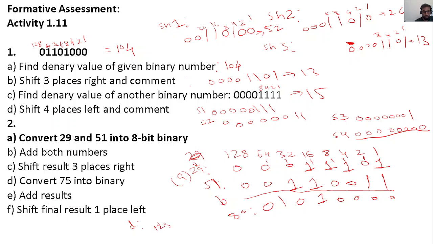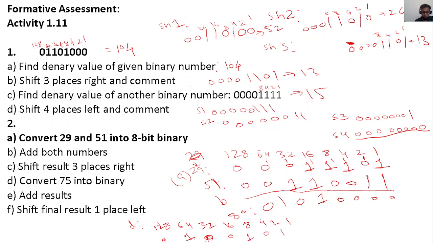75 into binary: 128, 64, 32, 16, 8, 4, 2, 1. Let's convert it into binary. The number is 75. 128 is bigger than it, 64 is smaller than it, so we will put 1 with it. 64 plus 32 gives us 96, which is greater. 64 plus 16 gives us 80, which is again bigger. 64 plus 8 gives us 72, so we will put 1 with it.